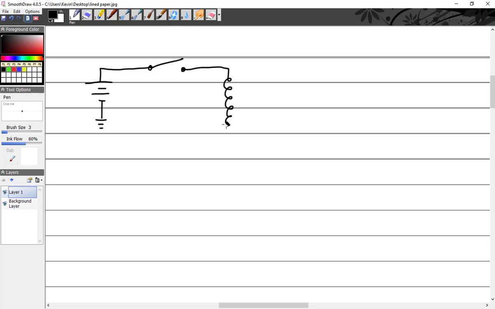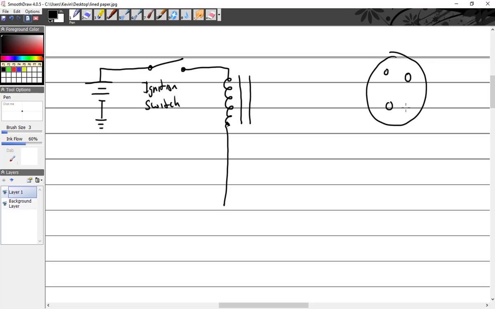All right, we have a coil. We have an ignition switch. What does it look like I'm building right here? How about a transformer? All right, we have to have a distributor. We'll make this a Volkswagen. What is this right here?